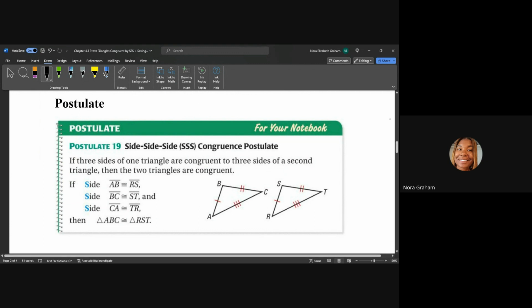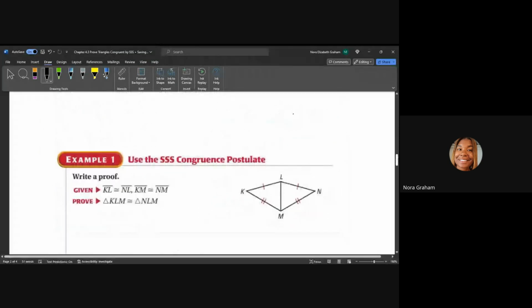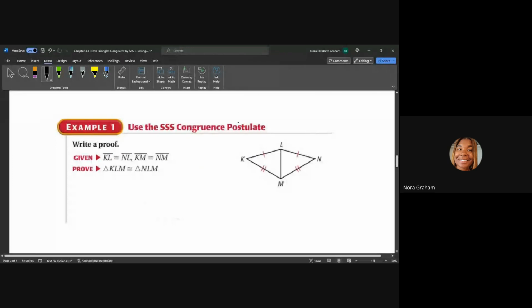All right, let's hop into the first example. Example 1 says use the SSS congruence postulate and write a proof. For this one, we're going to write a two-column proof where we have our statements, I'll just put S for statements, and then our reasons, and I'll put R for reasons, and we split it in half like that.